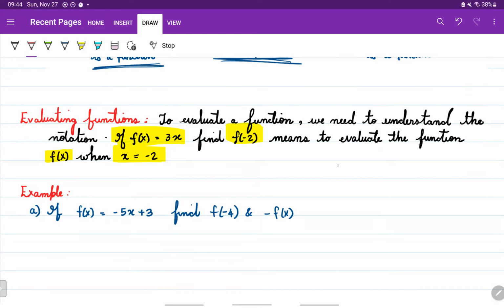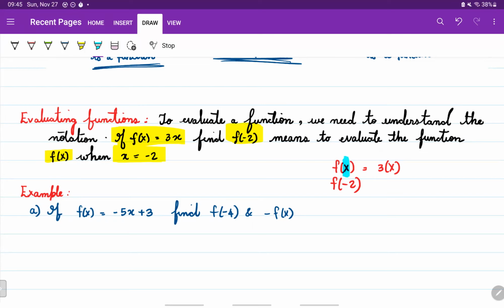So basically, we have f of x as 3x, and we need to know what is f of minus 2. The way we find f of minus 2 is wherever there is x, you substitute a minus 2 instead of the letter x.